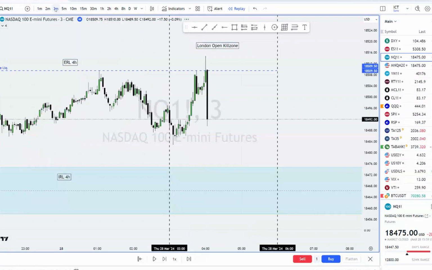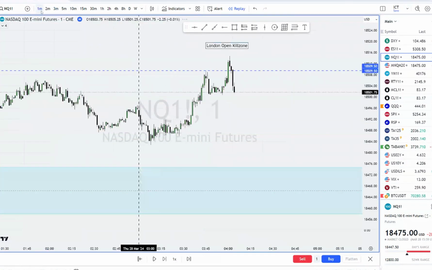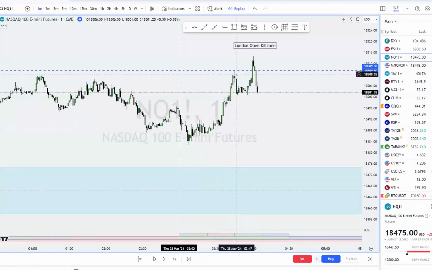Now, what I'm usually doing is going into the 3 minute chart just to have better entries for my trades. If you look at the 1 minute chart, and this is why I suggest you avoid it, you see that we have a fake displacement to the downside with a fair value gap to trick traders into thinking that we're reversing down.